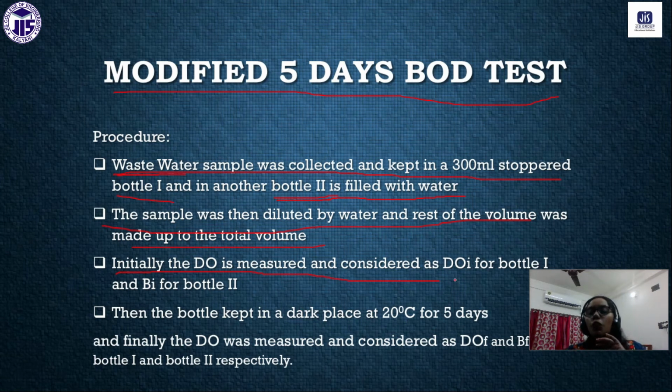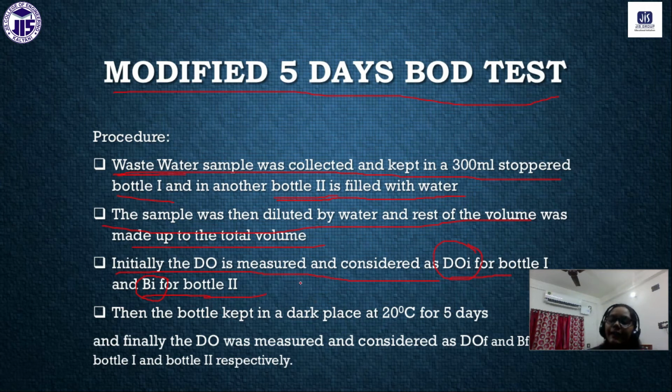For bottle 1 we have indicated it as DOI, the initial amount of dissolved oxygen for bottle 1, and BI is the initial amount of dissolved oxygen for bottle 2. These are the two values that we have got from the initial measurement of the dissolved oxygen.